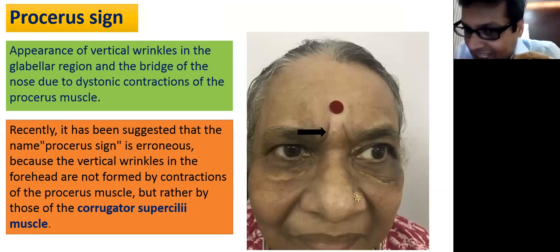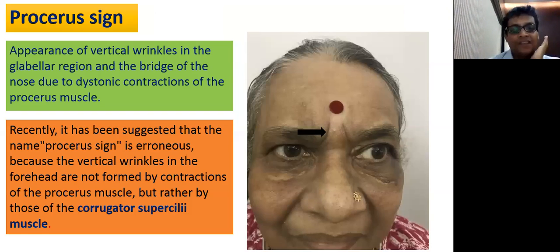Procerus sign again described with PSP, which is nothing but vertical wrinkles at the nasal bridge, and it is basically described as because of dystonic contraction of procerus muscle. But these vertical wrinkles are caused by dystonia of corrugator supercilii muscle, not procerus muscle.